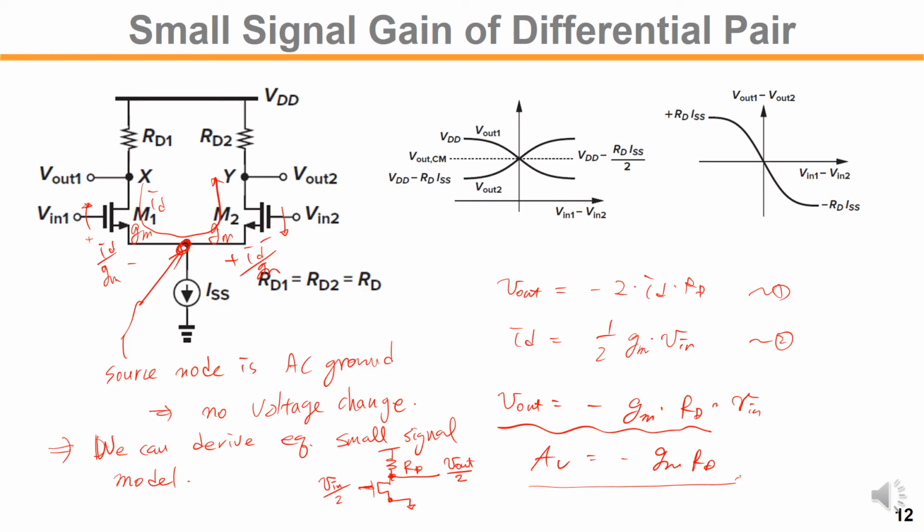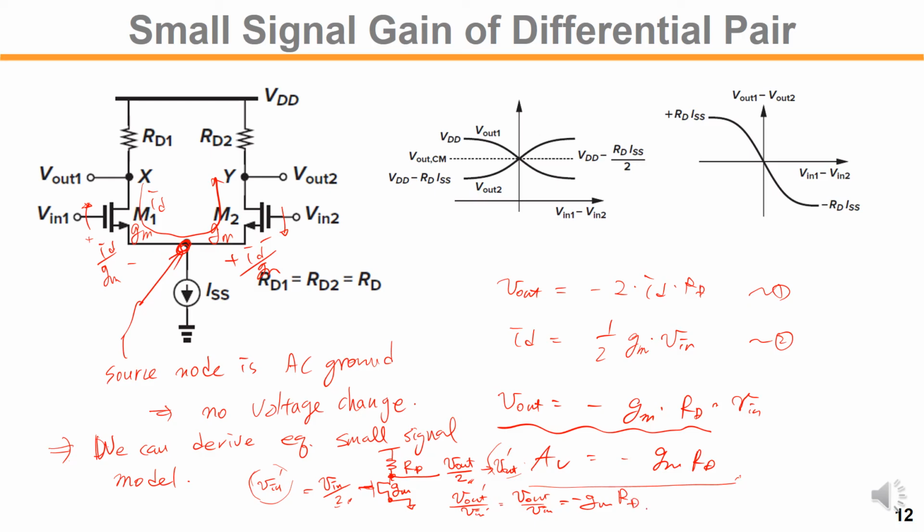So the relationship between input and output will be what? You can change Vout to Vout prime and the input Vin over 2 to Vin prime. Because if we have the same factor divided by 2, it will be the same. Then the ratio between Vout prime and Vin prime would be the same as Vout over Vin. That would be minus GM RD. Okay.